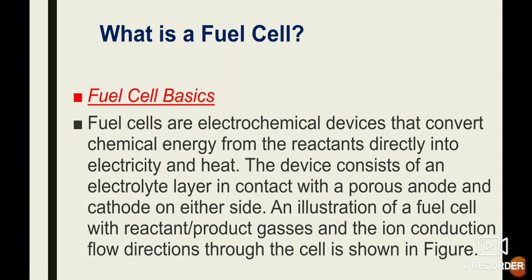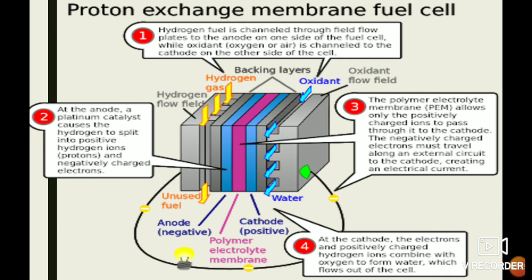An illustration of a fuel cell with reactant, product, gaseous and ion conduction flow directions through the cell is shown in the figure. This figure shows a proton exchange membrane fuel cell.